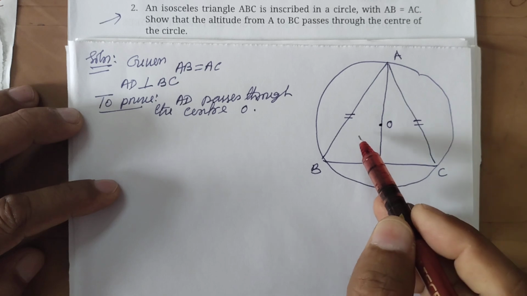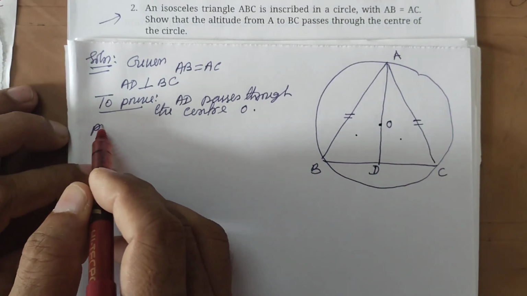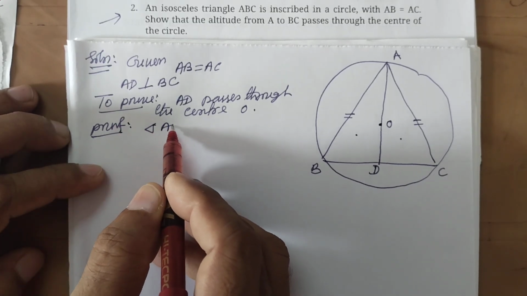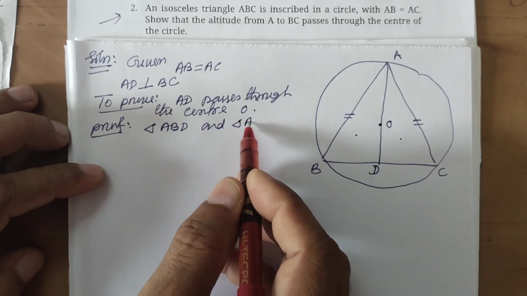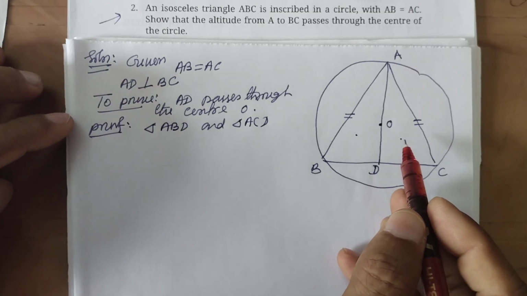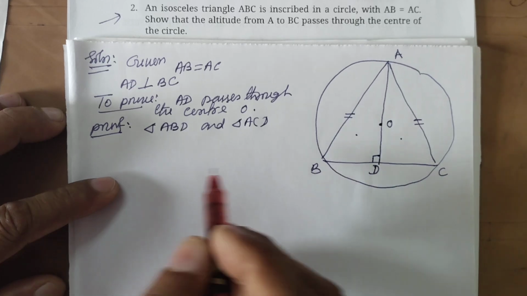Okay, so at first we will prove that these two triangles are congruent. You see, proof. In triangle ABD and triangle ACD, look, these two triangles we can say they are congruent. See, it is already given this angle 90 degree.